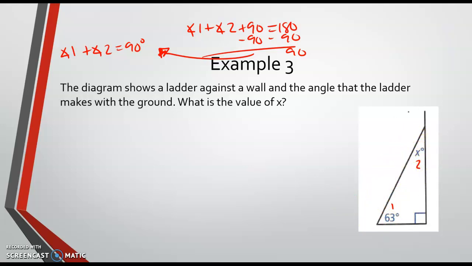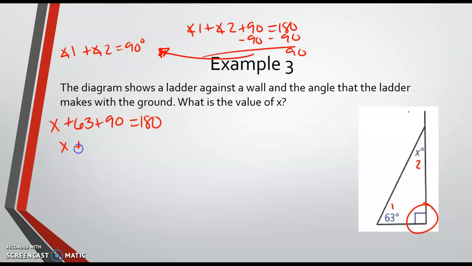Now, is it okay if you forget that and do angle 1 plus angle 2 plus 90 equals 180 degrees? Yes, but do not forget that the third angle is 90 degrees. So, how we've been doing this before, I would have x plus 63 plus 90 would equal 180 degrees.